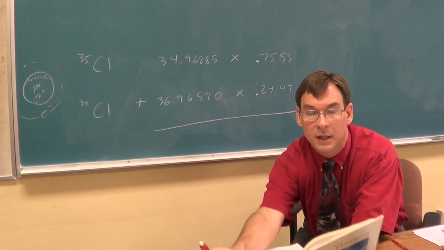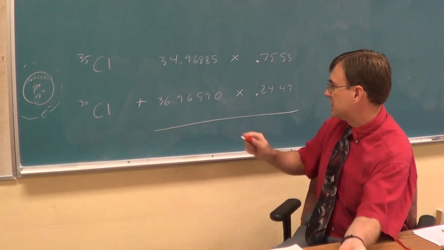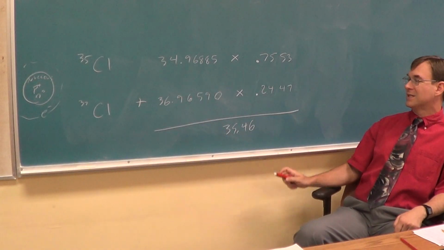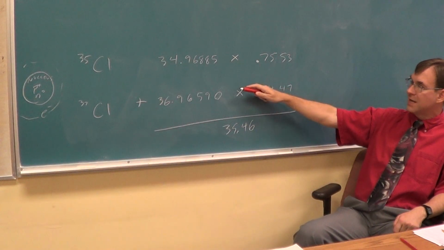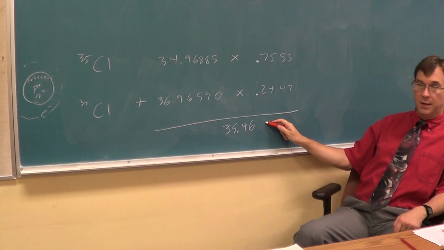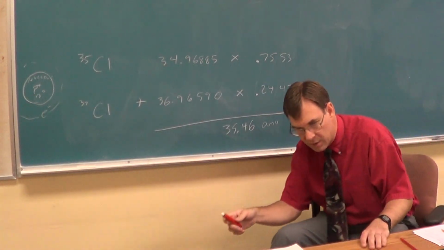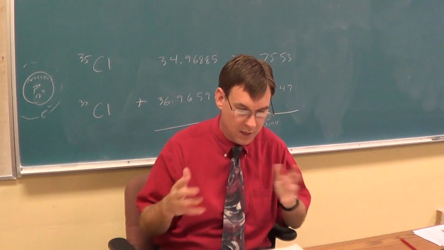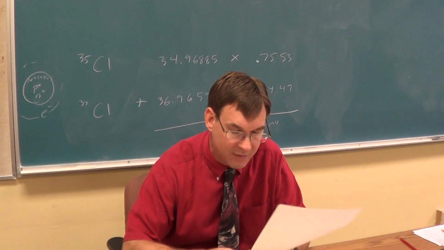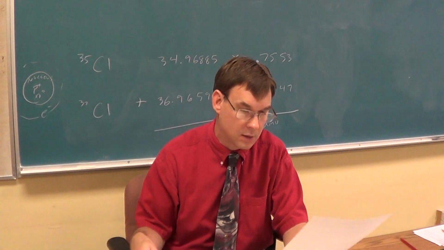Peeking off of where the book did this, they say this is 35.46, which makes sense to me. It's between 35 and 37, and it's a lot closer to 35. And then the unit on this, as always, would be AMUs. Any kind of mass is going to be AMUs for us at the like molecule atom sort of level. So that's how the math will go. 7 to 10 is the math, and then a 1L is the homework to turn in tomorrow.